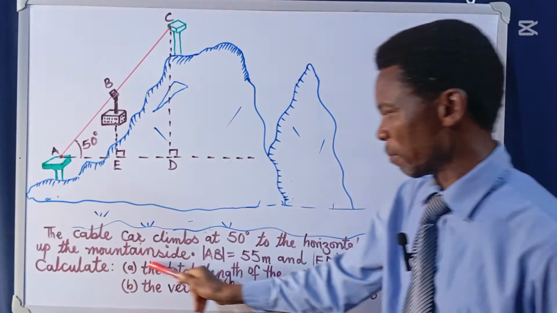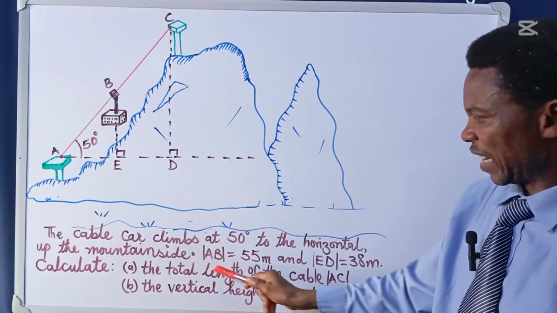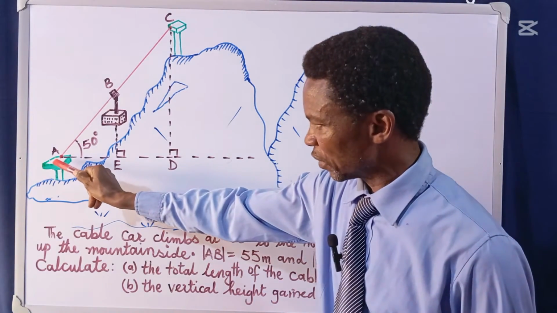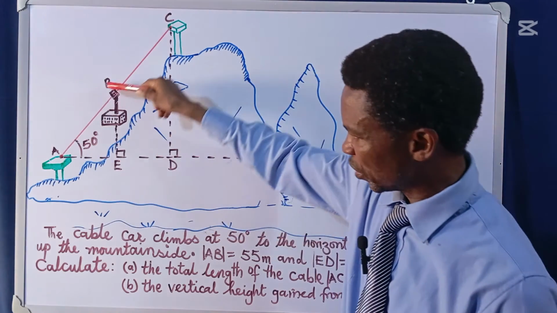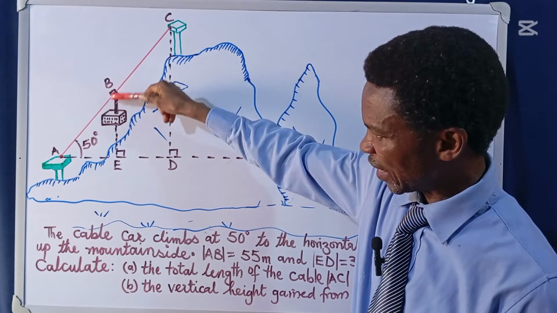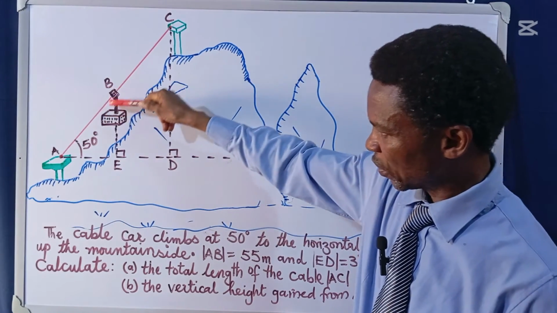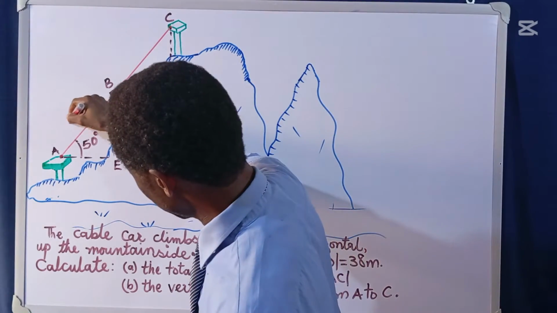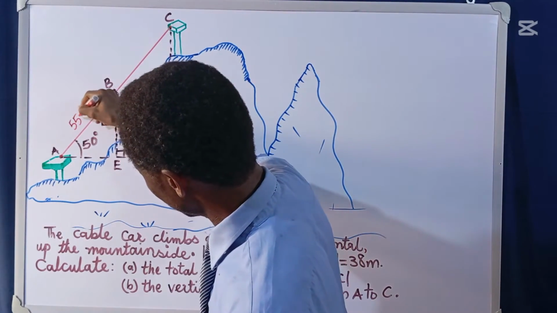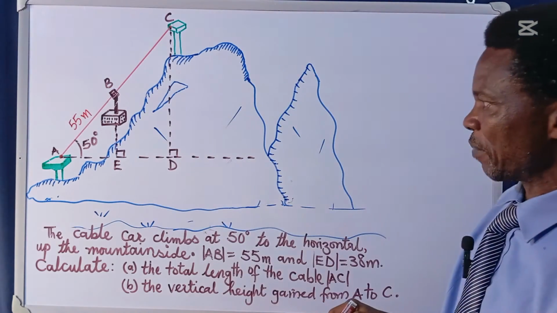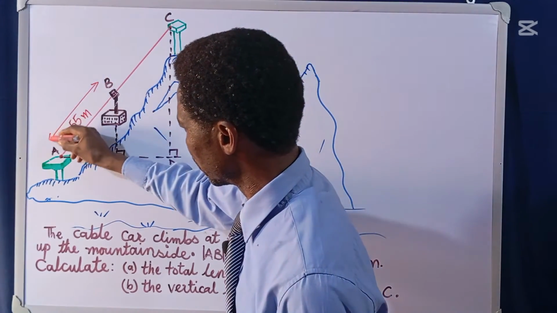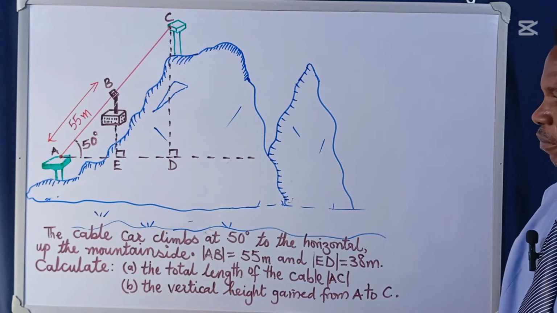It climbs up the mountainside, and the distance AB from the base of the cable car to this point is 55 meters. That is AB.